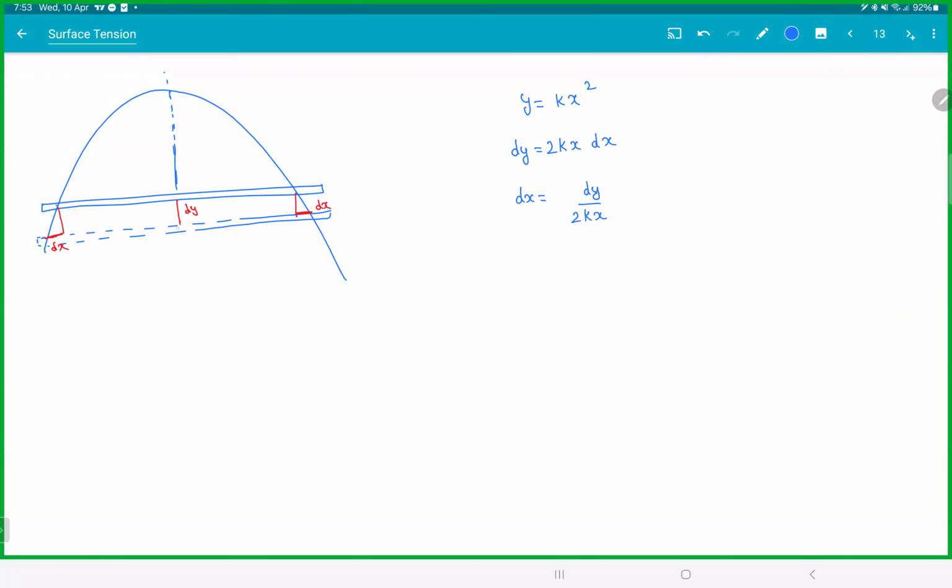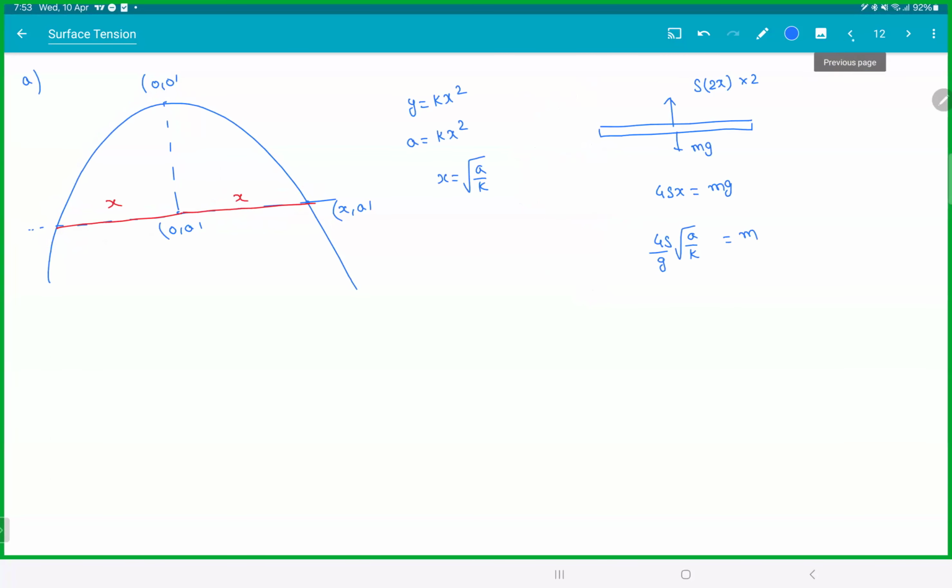Okay. So whenever you displace this by dy, dx would be, you can write that x ka value. Remember this x is the length of this thing. How much was this? This was a initially. So dx is dy by 2k. Technically this x is x plus dx, but we can ignore this. This x was actually the length of the rod. How much was that?